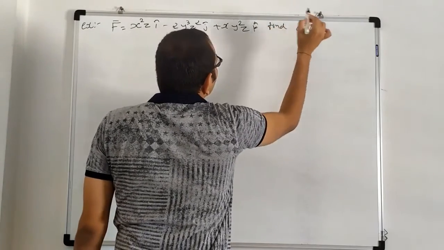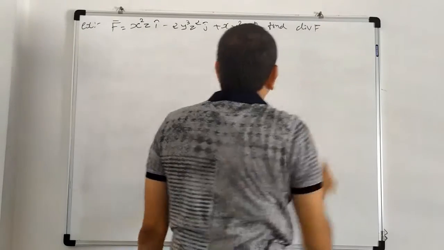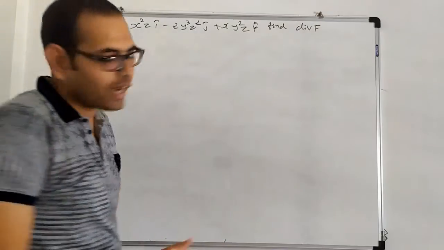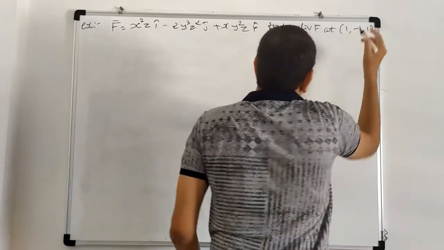Find divergence of f bar at point (1, -1, 1).